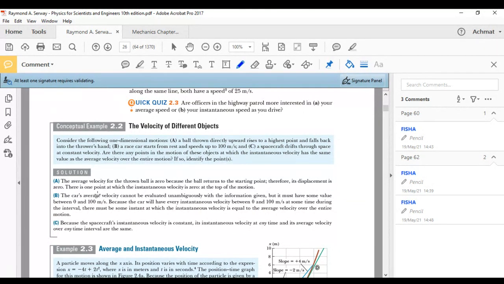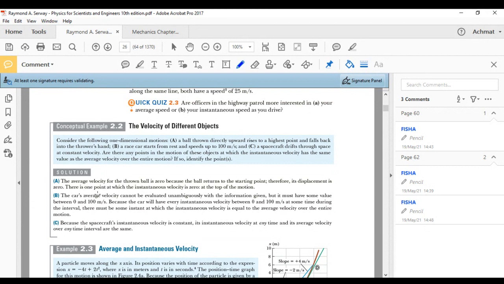And the question is, are there any points in the motion of these objects at which the instantaneous velocity has the same value as the average velocity over the entire motion? Right, you take the average velocity over the entire motion, initial point and final point. Is there any point where the instantaneous velocity is equal to that?